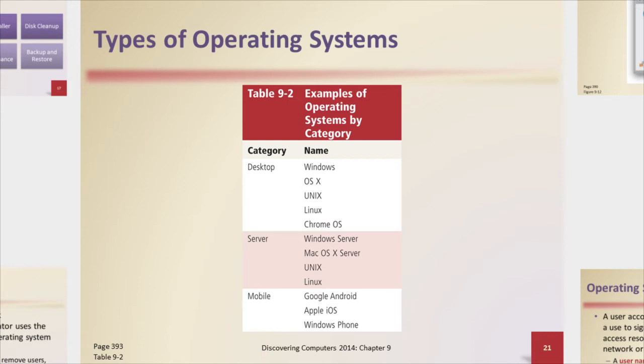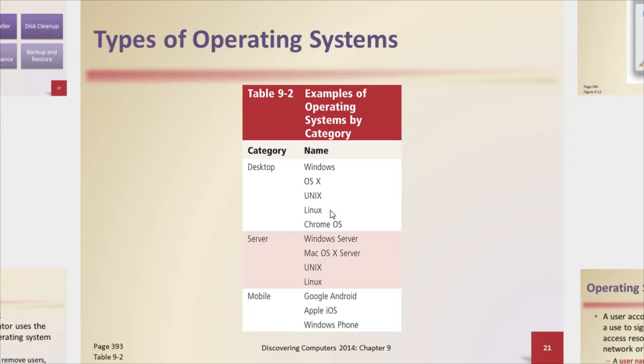In general, we can break up operating systems into three general classes. There's probably several different ways to slice and dice operating systems, but this is probably as good as any. We can throw operating systems into desktop categories, server categories, and mobile device categories. One of the things you should notice here is there's some decent overlap when we talk about desktops and servers.